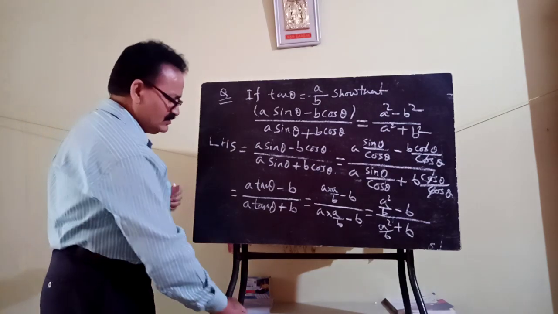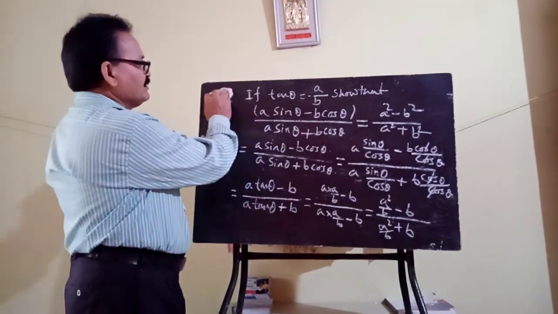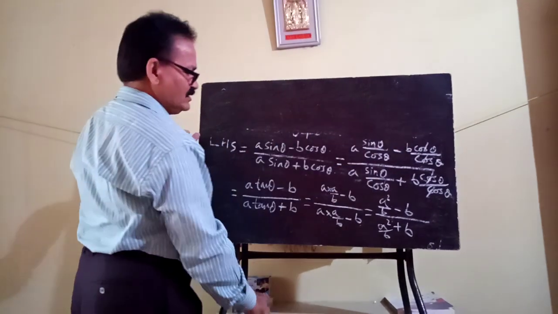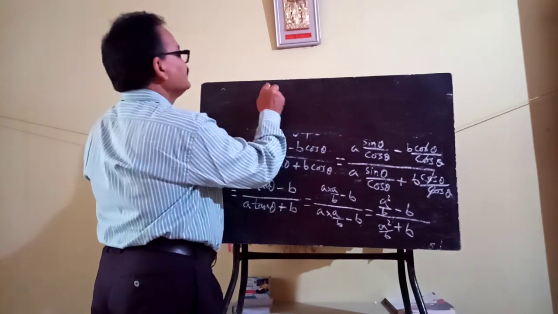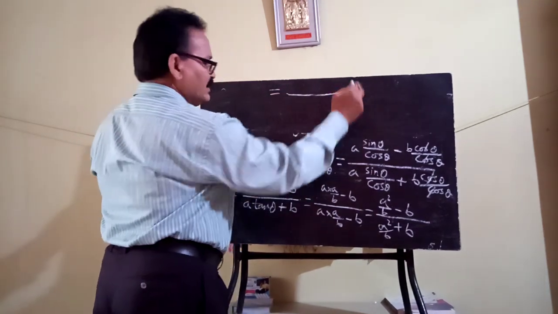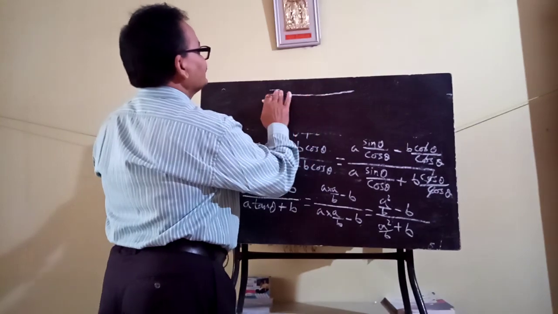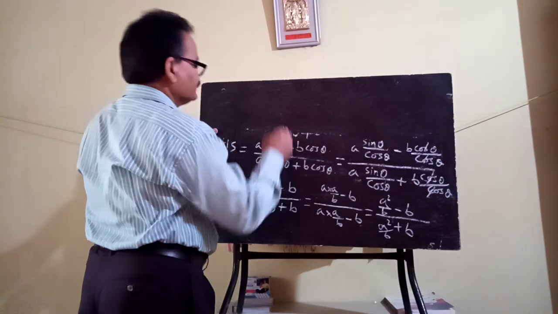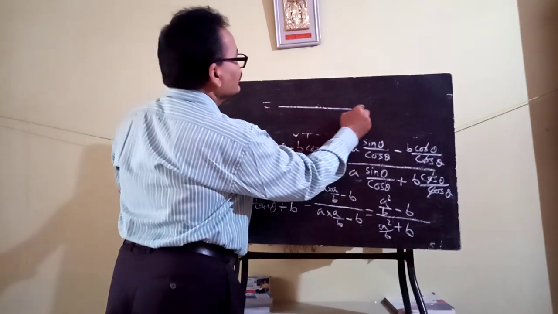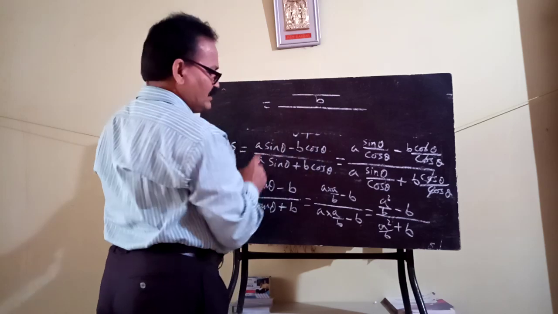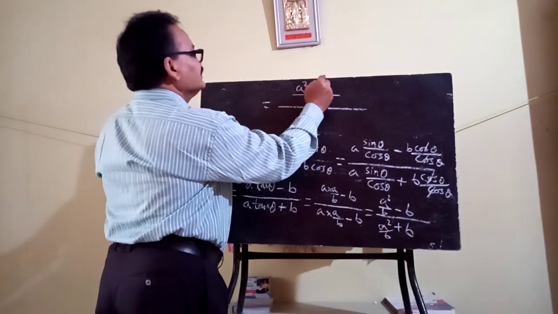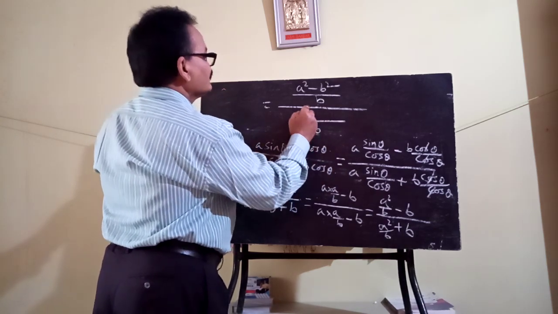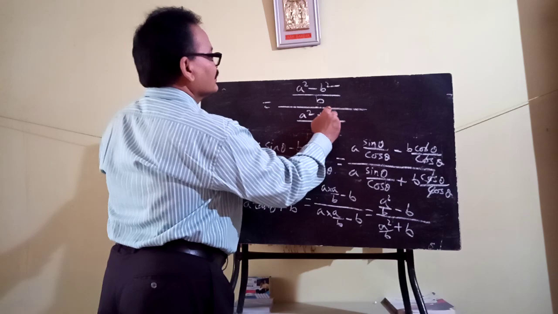Okay. Now for getting the space I have to remove. So here after this, what you have done? You take B as your LCM. In the numerator B is your LCM, so this is your A square minus B square. And in the denominator also B as your LCM, so this is your A square plus B square.